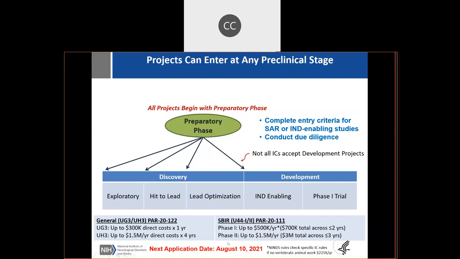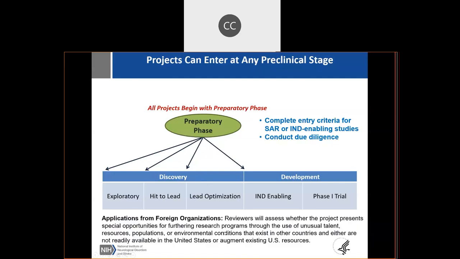Our next application due date is August 10th. If you are a foreign applicant, everything is the same. You would come under the UG3, UH3 mechanism because that was the only thing you could apply under.